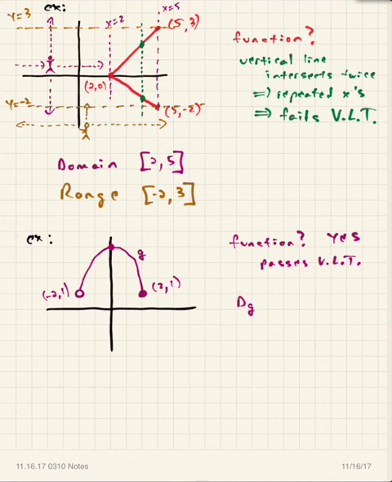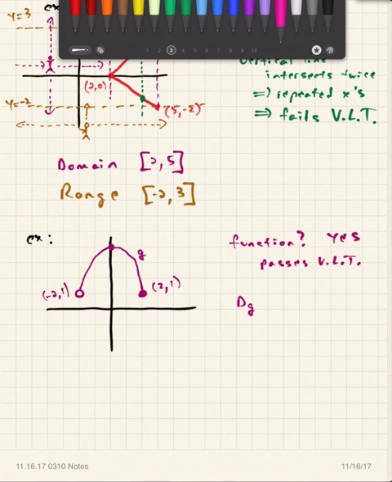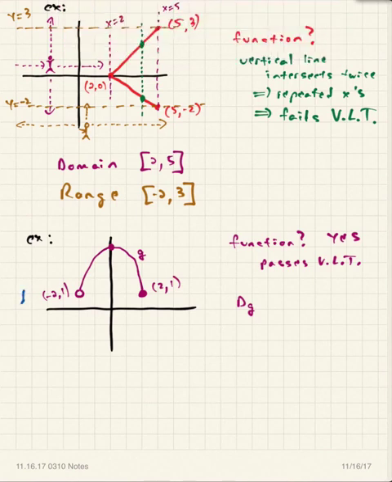Here I am walking along the x-axis, and as I walk along the x-axis, I'm looking vertically. If I can see the graph vertically above me or below me, then the x value is part of the domain.